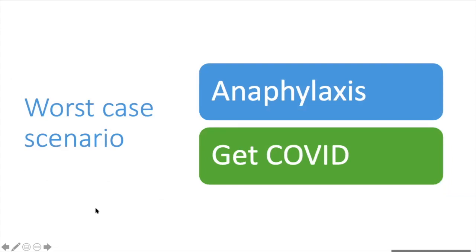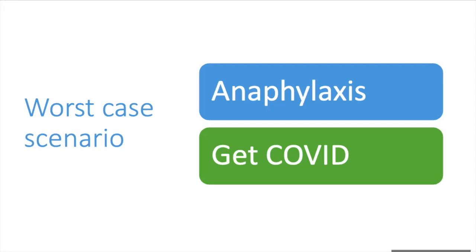Okay. So I got asked, what do you think is the worst case scenario that could happen? So anaphylaxis, but I think beyond that, the worst thing that could happen is that you also get COVID.